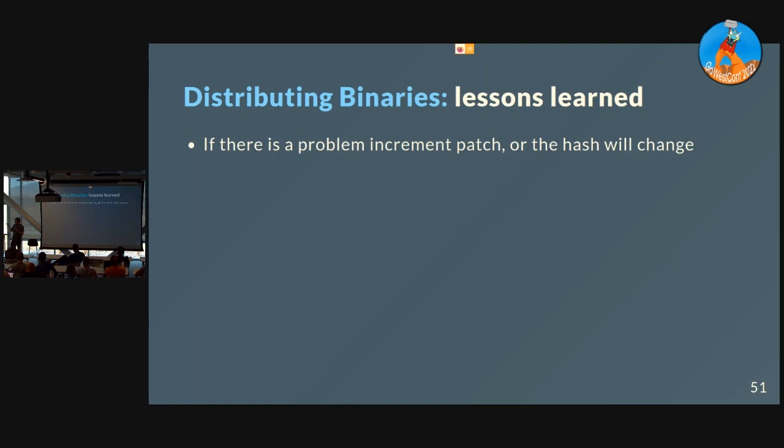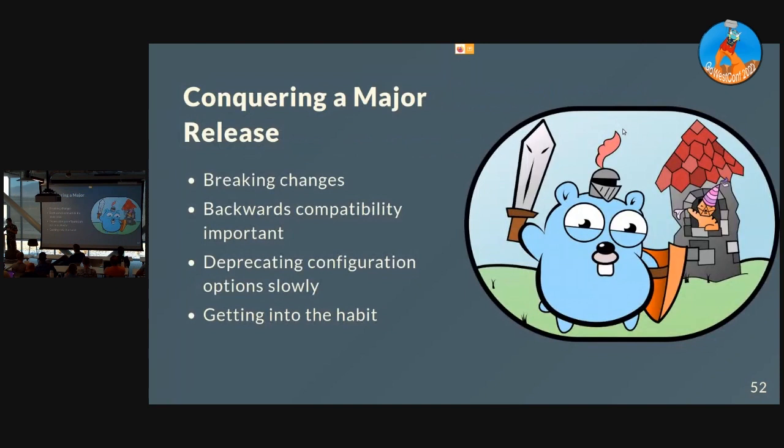And basically, if you go in and change the binaries at this point, like, oh, we forgot this commit or something, the hash will change, which would then, of course, cause concern because it could look like a security vulnerability. So at this point, you want to go back in time and start from the beginning again, and just increment the patch number, and just be public about why you're doing this change.